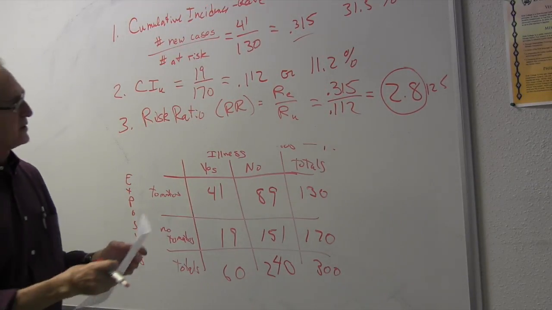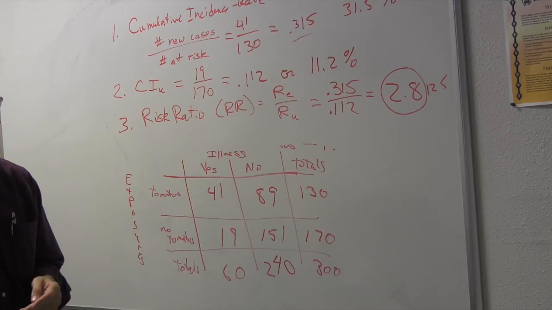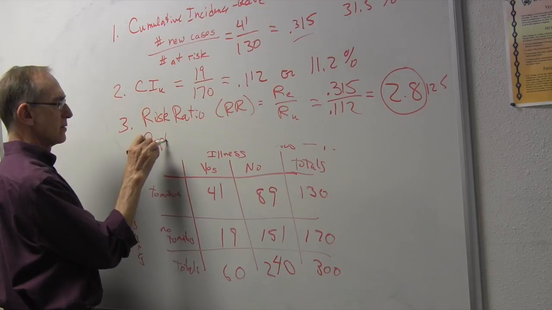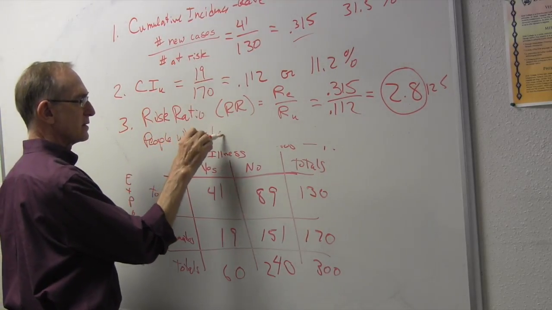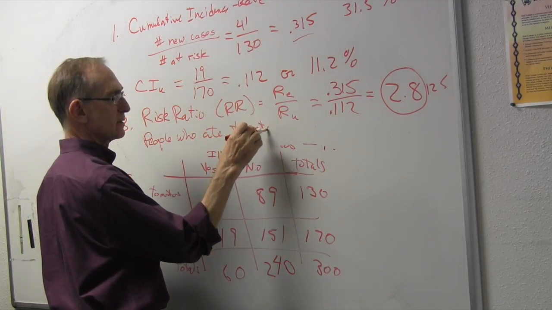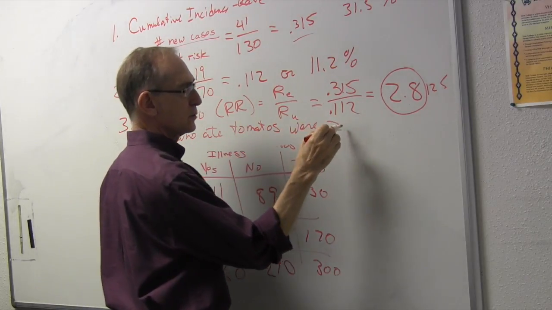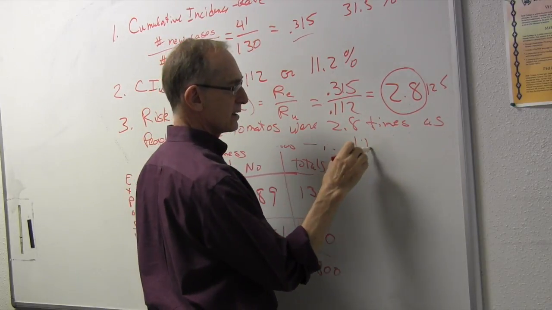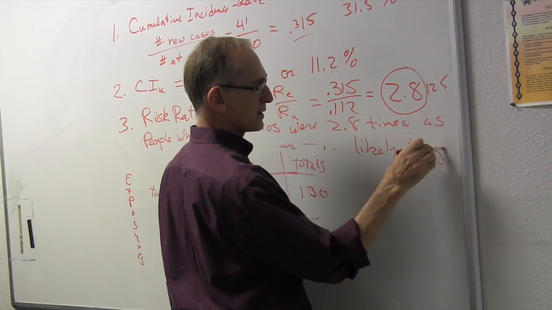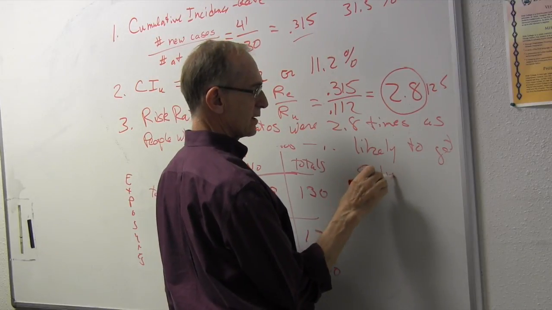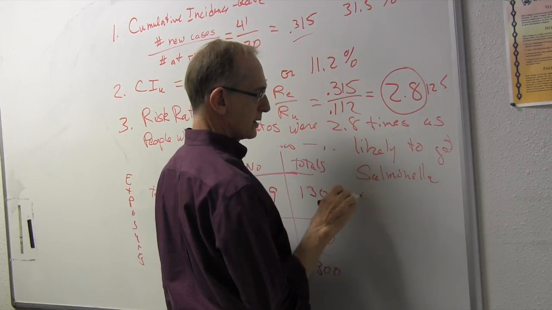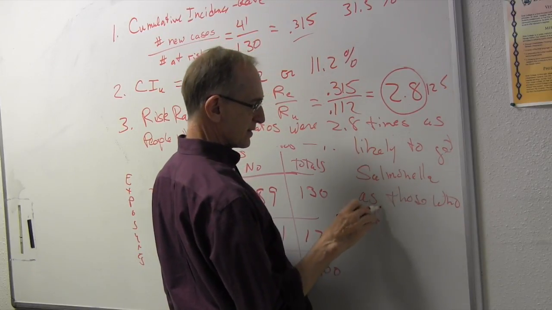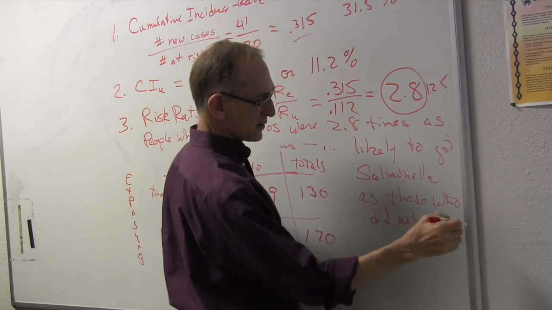Okay, now we should definitely give a sentence here explaining what that means. It means people who ate tomatoes were 2.8 times as likely to get salmonella as those who did not eat the tomatoes.